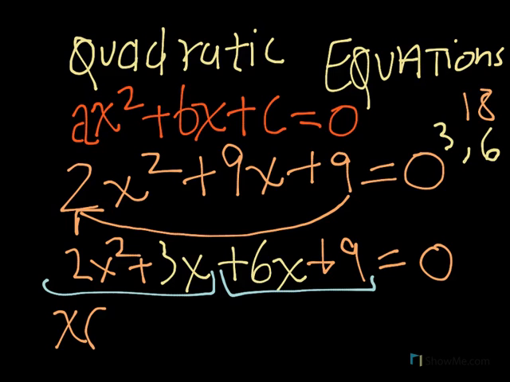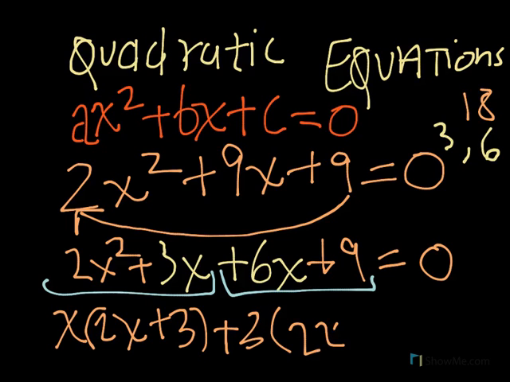Yes, it's going to be x times 2x plus 3, and then a plus sign, and then I'm going to write 3 times 2x plus 3. So this is what I factored out, and let me write the final step now.